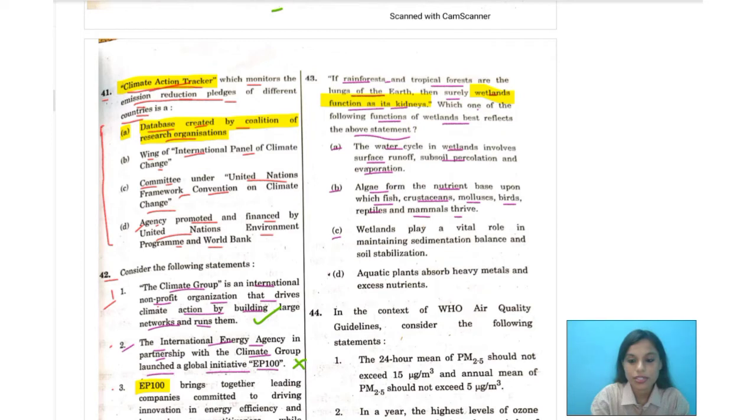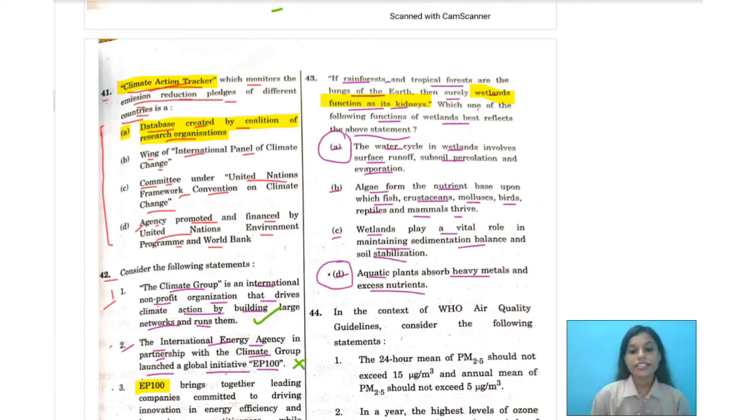Number C says wetlands play a vital role in maintaining the sedimentation balance and soil stabilization. Number D says aquatic plants absorb heavy metals and excess nutrients. So you see, your correct option would include both A as well as D.